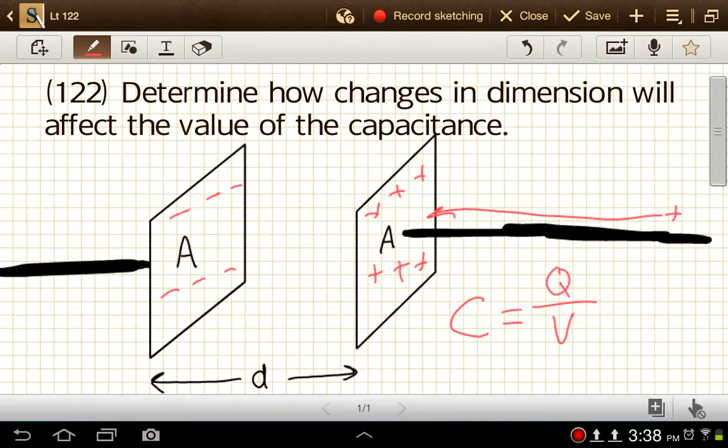Now there's one last factor that matters, and that's something called the vacuum permittivity, also the permittivity of the material that we put between these two, if there is something there and it's not just empty space. It's more complicated than I can really wrap my head around, but we don't need a super thorough understanding of what the permittivity of free space means, as long as we can use it in our calculations.